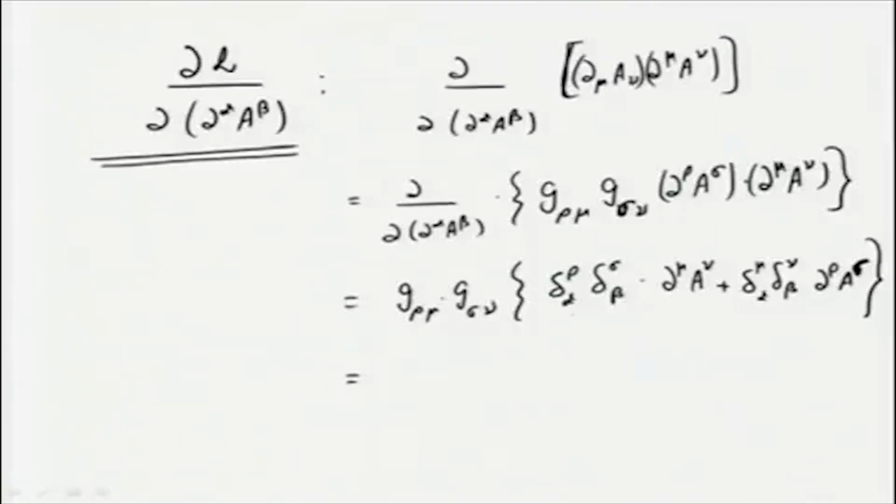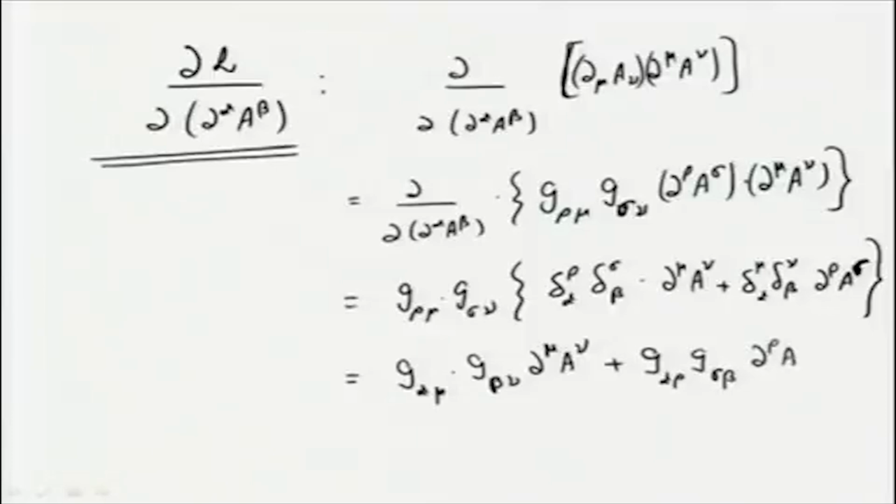Which is equal to now, delta ρα, when you change the ρ on the g^{ρμ} to α, g^{αμ} g^{βν} ∂_μ A_ν, plus similarly g^{αρ} g^{σβ} ∂_ρ A_σ, which is essentially equal to ∂^α A^β, and the other one also gives you ∂^α A^β.